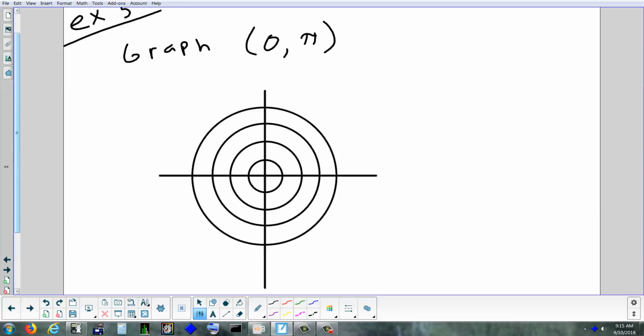Well, if you don't have any distance, the angle wouldn't matter. You'd still be in the center. Right, you're still going to be at the center. So what you want to do to draw this one is you put it at the pole, because the radius is 0, and then pi is 180 degrees. So you just take your point, and you just rotate it, just like that, 180 degrees.